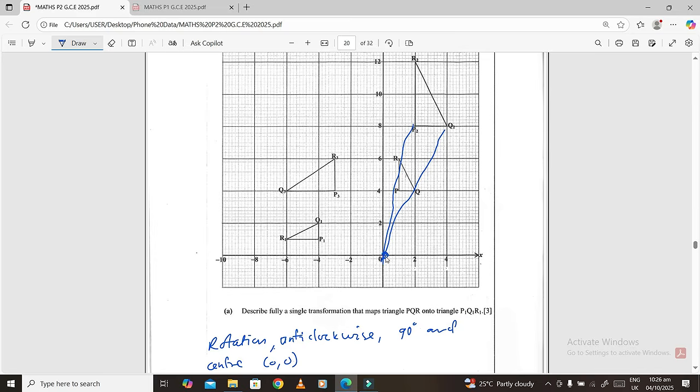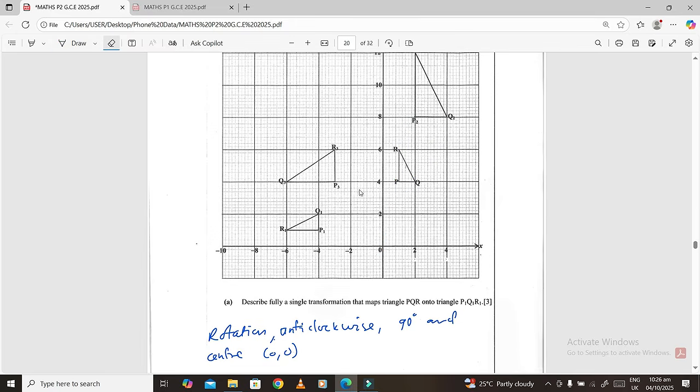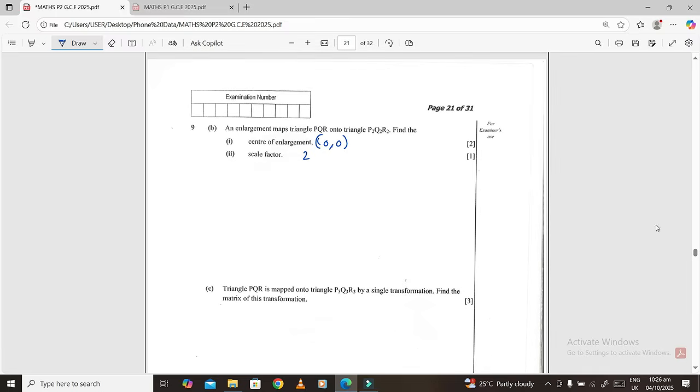So you find that they are meeting at the center. That's the center of enlargement. And then for the scale factor, you count how many steps Q has moved from 0: 0, 1, 2, 3, 4. So it has moved 4. Divide by the original distance from the center, which is 0, 1, 2. So divide by 2, and this will give us 2. The scale factor is 2 for enlargement here.